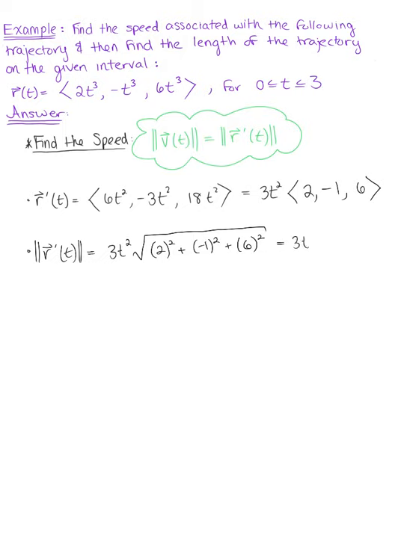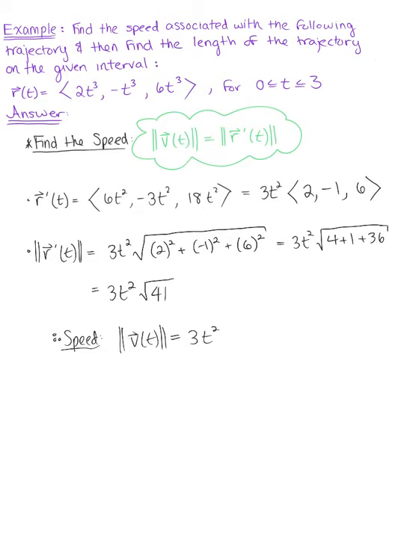So we have 3t squared multiplied by the square root of 4 plus 1 plus 36, which leaves us with a beautiful final answer of 3t squared multiplied by the square root of 41. So therefore the speed, the magnitude of that velocity vector, the tangent vector, is equal to 3t squared times the square root of 41.